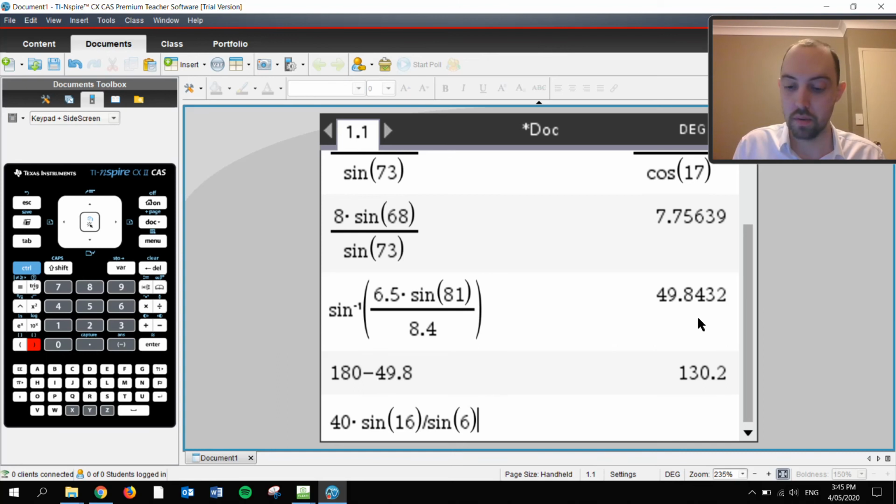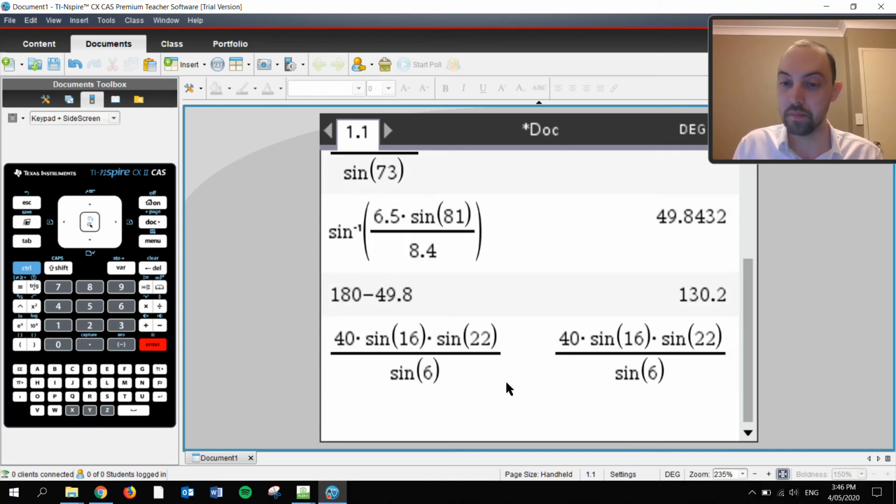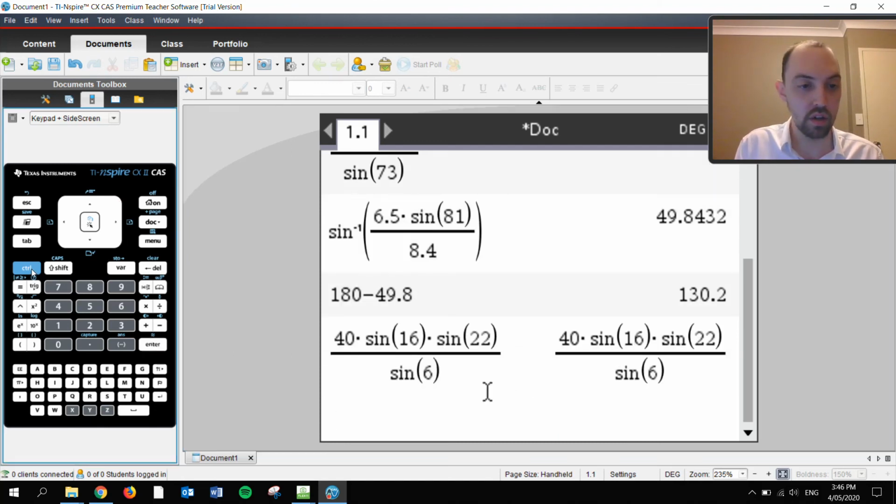And I feel safer typing that in as times sine of 22. You might prefer to use the fraction button on your calculator. I feel like that would have been a little bit easier for me at this stage. But carry on.